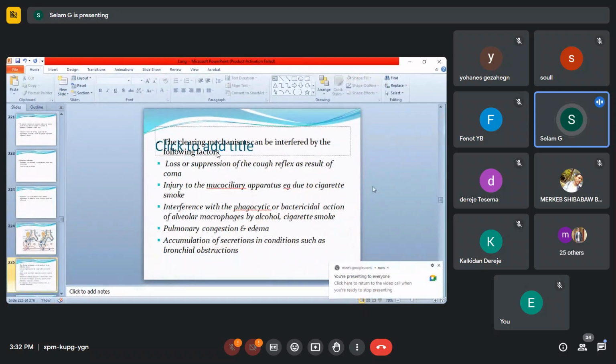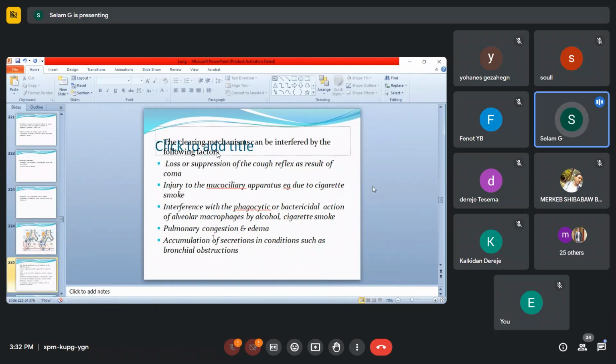In a state where the mental awareness or mental capacity of the patient has decreased due to different illnesses, the cough reflex as well as the sneezing reflex is suppressed. So whatever gets access into the airway cannot be cleared by this mechanism.